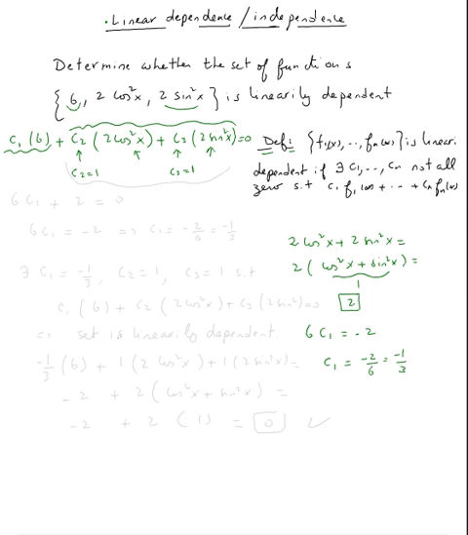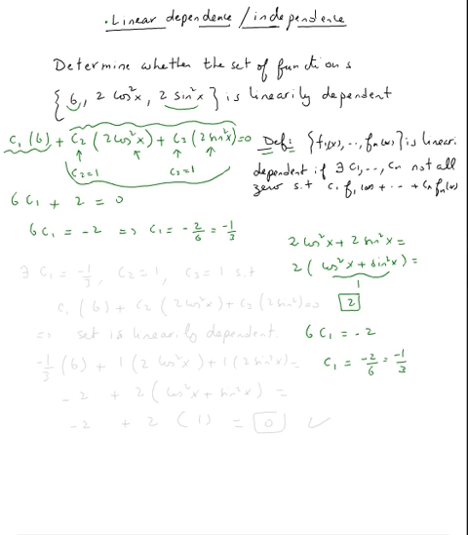If you don't see it, look, 6C1 plus, we said all of this is 2, is equal to 0. If we solve for C1, you get 6C1 is -2, which means C1 is -2 over 6, which is -1/3.